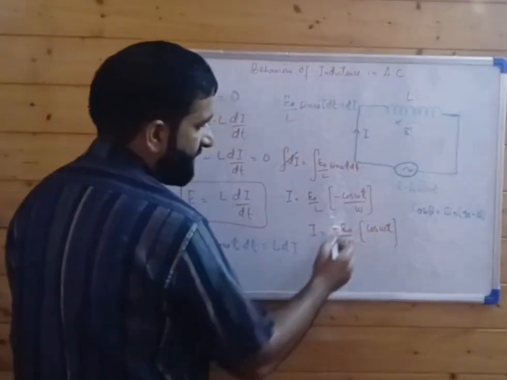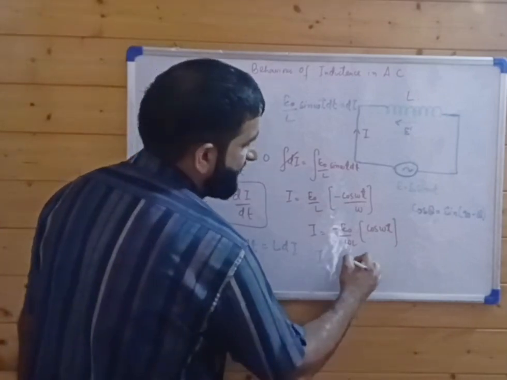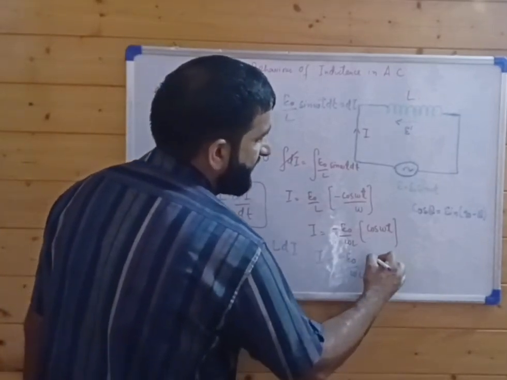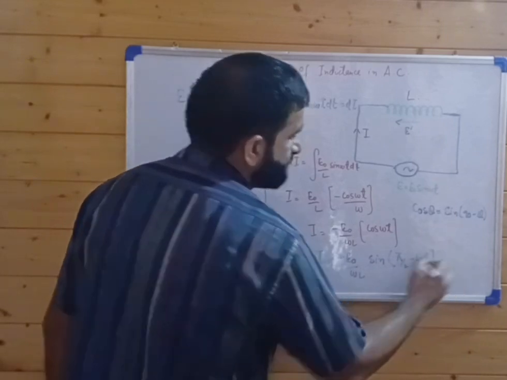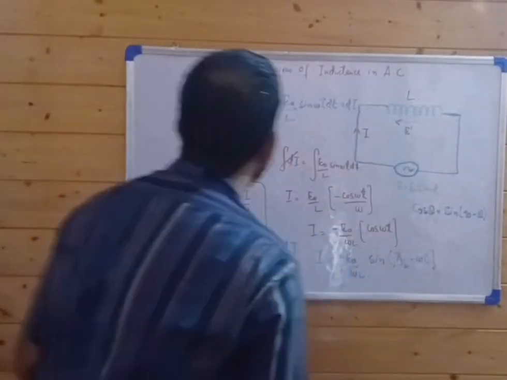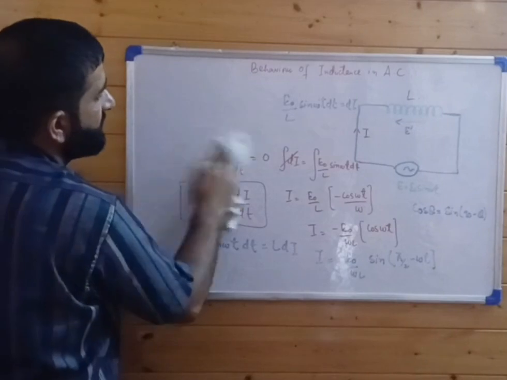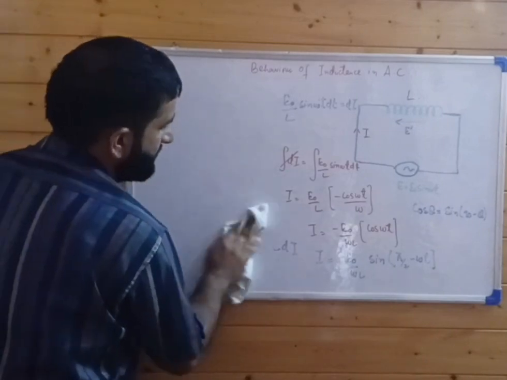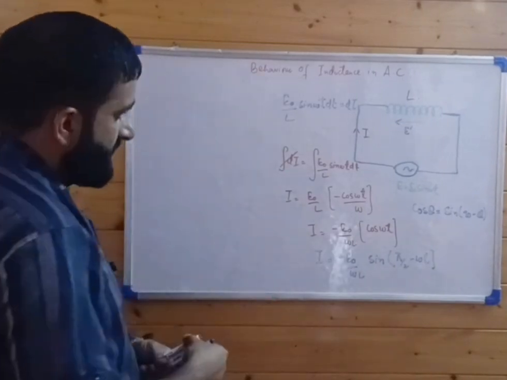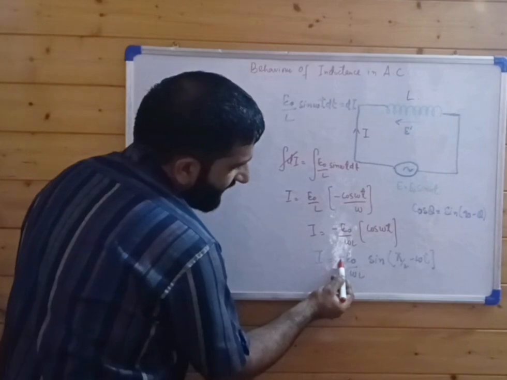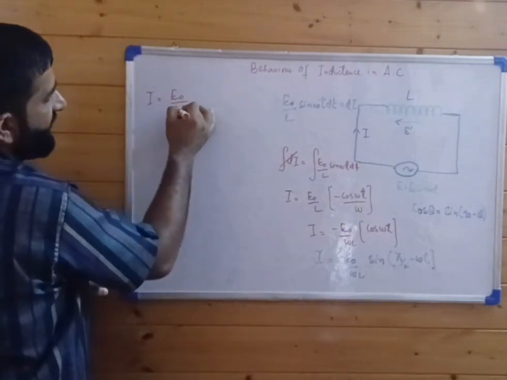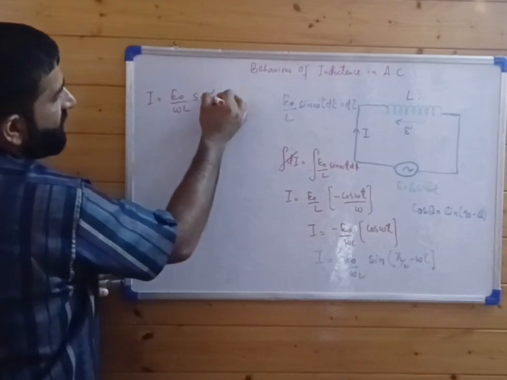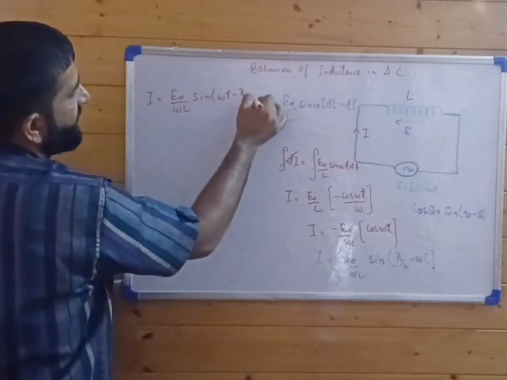Applying here, I is equal to minus E0 divided by omega L sine of pi by 2 minus omega t. Now multiplying by minus, our equation becomes I is equal to E0 divided by omega L sine of omega t minus pi divided by 2.